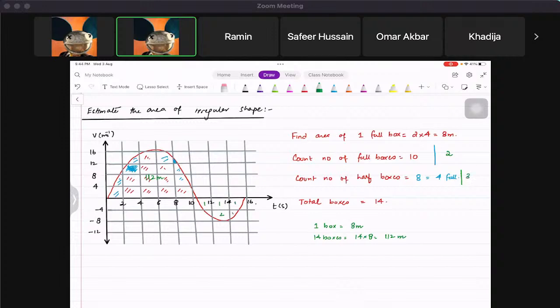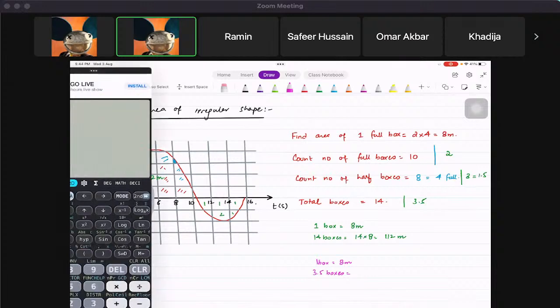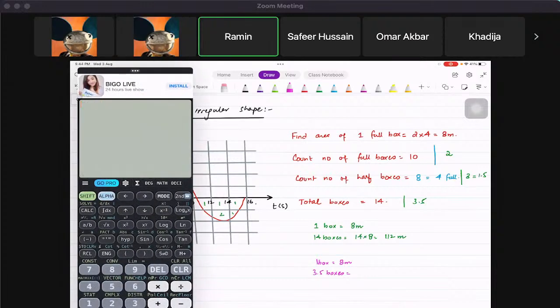So the total boxes of the other shape is going to be 2 plus 1.5, that's going to be 3.5, right? So for that shape, one box equals 8 meters, then 3.5 boxes will be equal to 8 times 3.5, 28. Okay, 28. So this is 28.